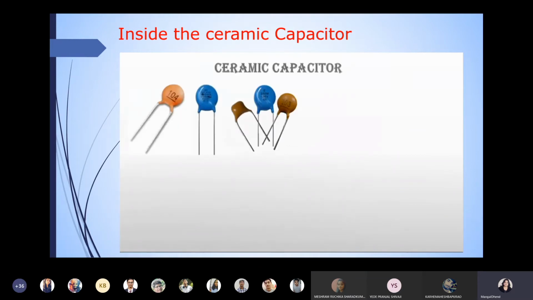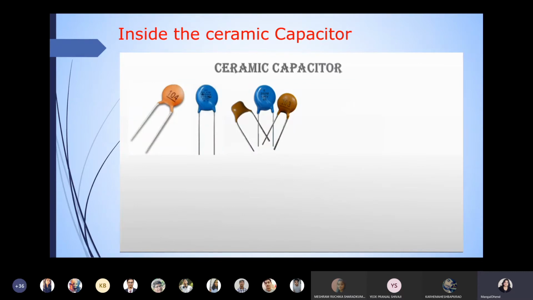What is ceramic capacitor? Ceramic capacitor is look like this. This is the shape of ceramic capacitor. The ceramic capacitor is look like a disc shape. It's very small.